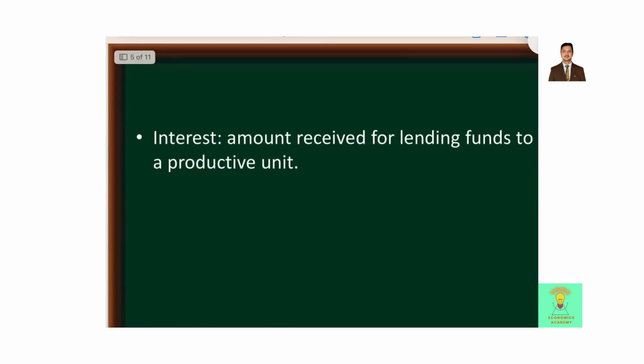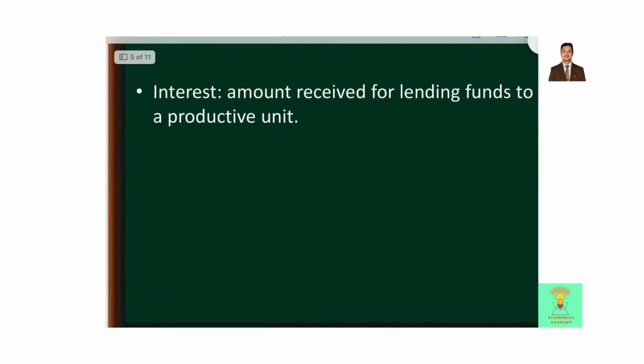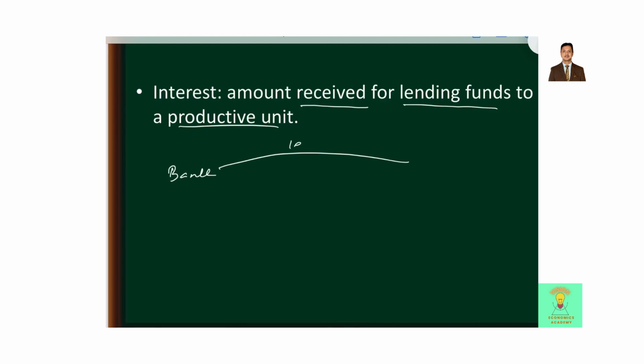The third component is interest. What is interest? Interest is the amount that is received for lending funds to a productive unit. Suppose a bank lends money to a firm, the firm uses that money, earns profit and returns the money along with interest.